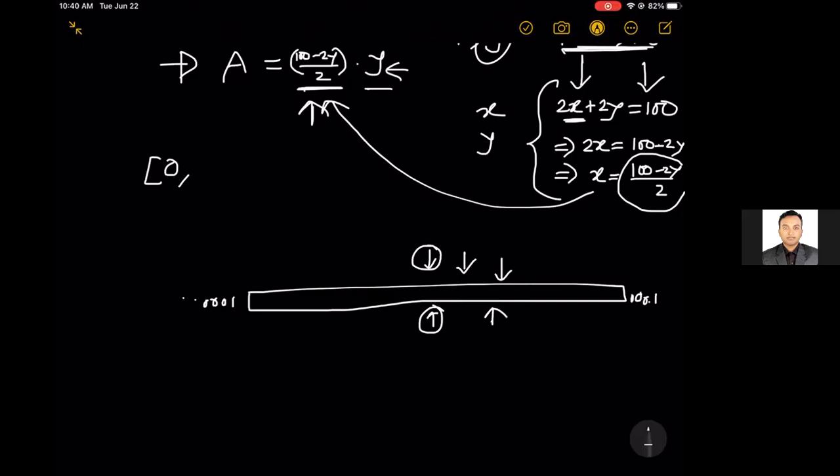Do you agree? Because I know that if I add all the sides, all these 4 sides, the overall length is 100. And I know this side and this side will be equal. If the total is 100, can either of this side be more than 50? Just try to imagine, try to understand it.